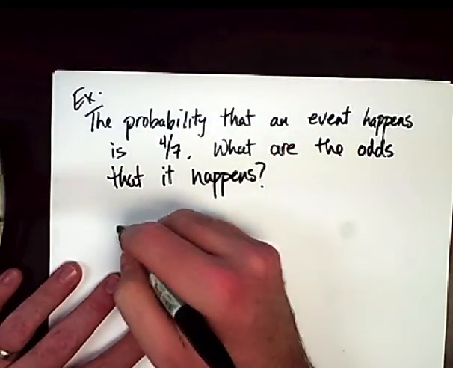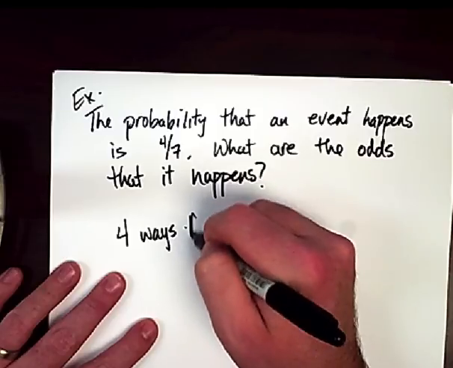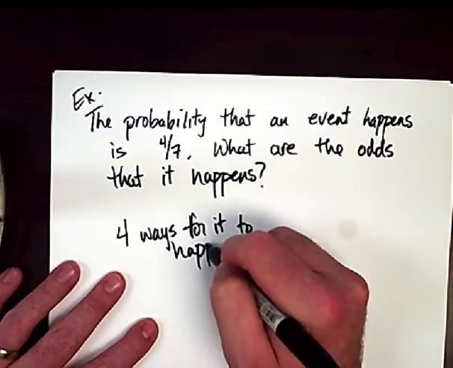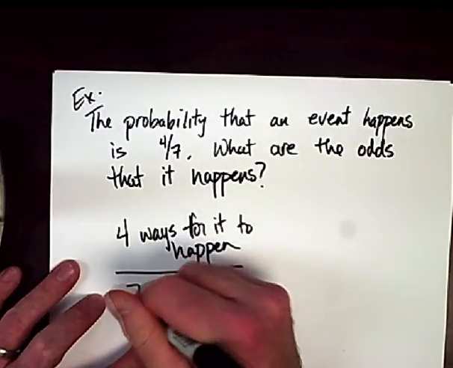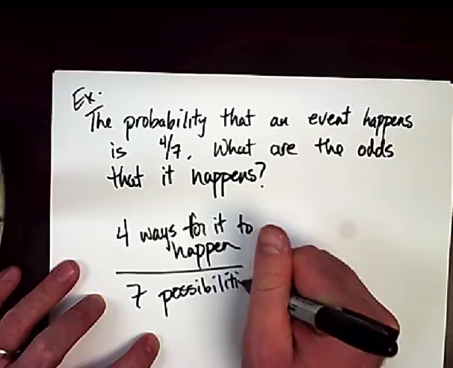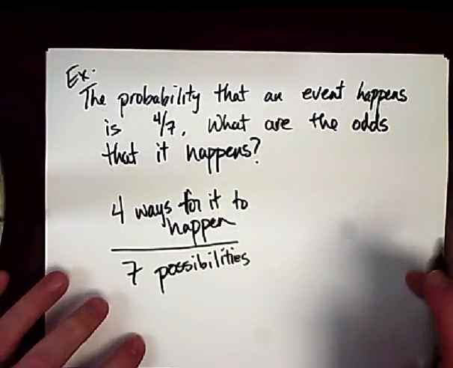Okay, so that means there are 4 ways for it to happen over 7 possibilities. So how many ways could it not happen?